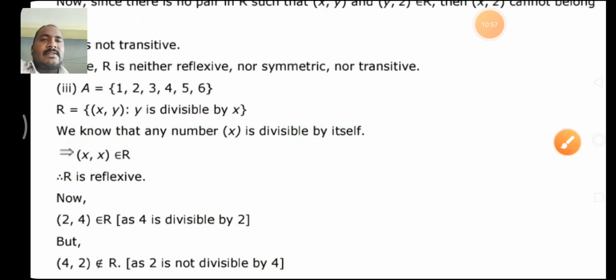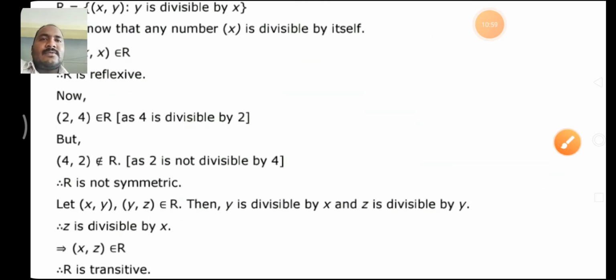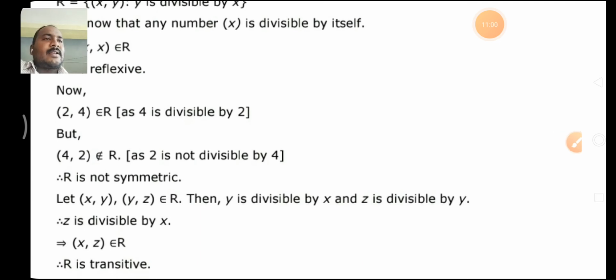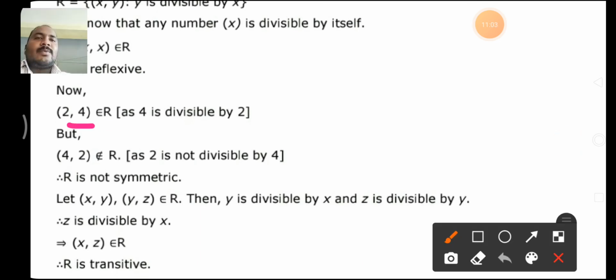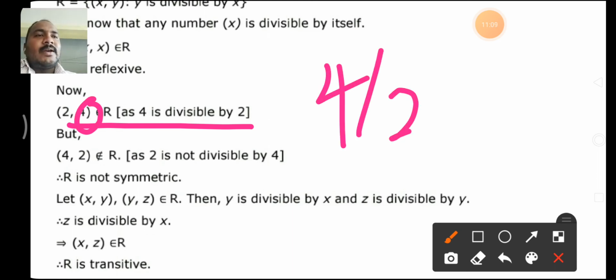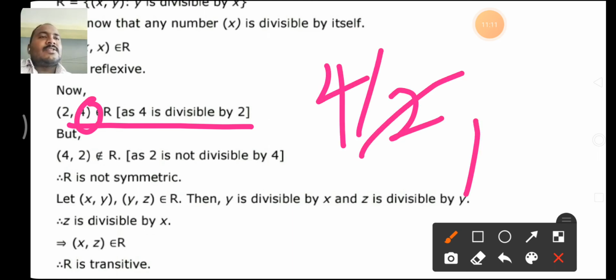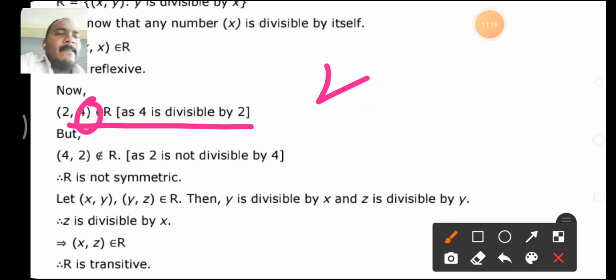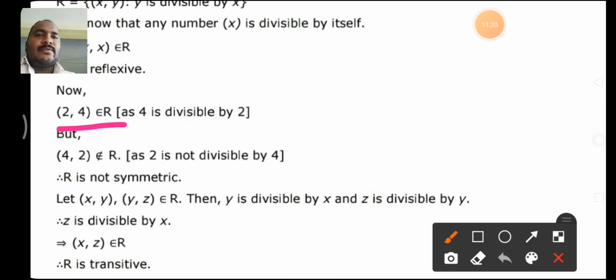Next, now check symmetric. (2,4) belongs to R, because 4 is divisible by 2. Because of this, (2,4) belongs to R, as 4 is divisible by 2.